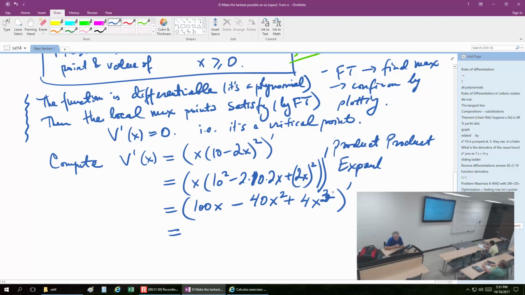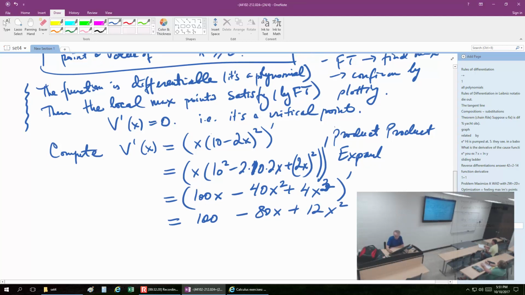So 4x squared times x. Okay. So the derivative of 100x is 100, and the next ones are minus 80x and plus 12x squared. Okay, so that's the derivative. So we found the derivative, and we return to our equation, Fermat's theorem equation, and we have to solve it. So we set it equal to 0 and solve.